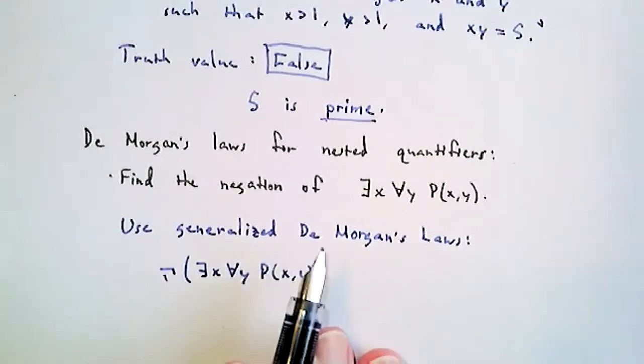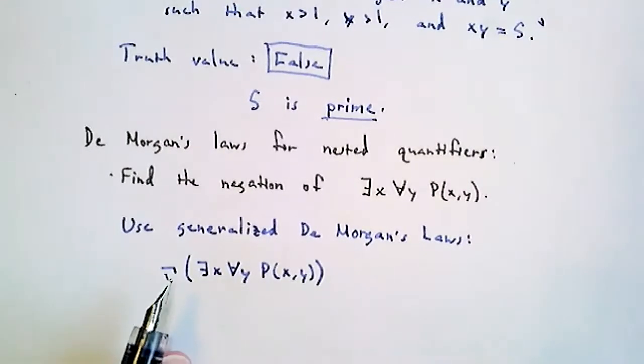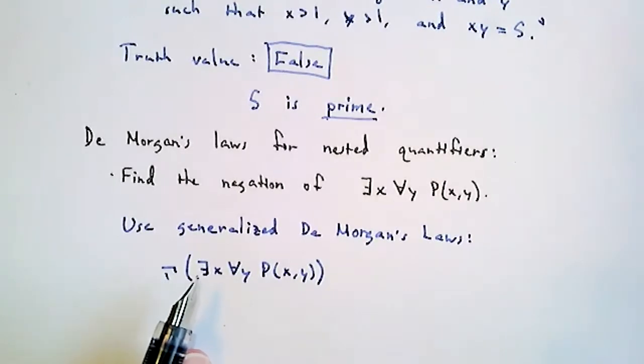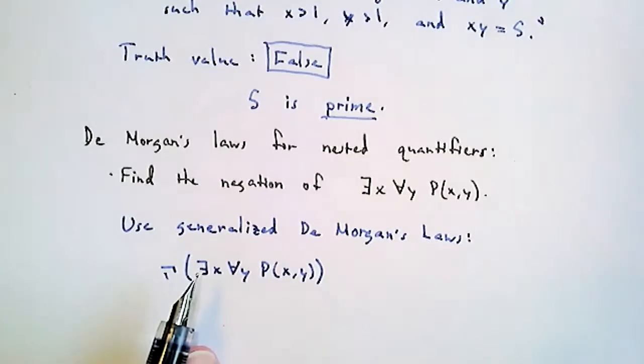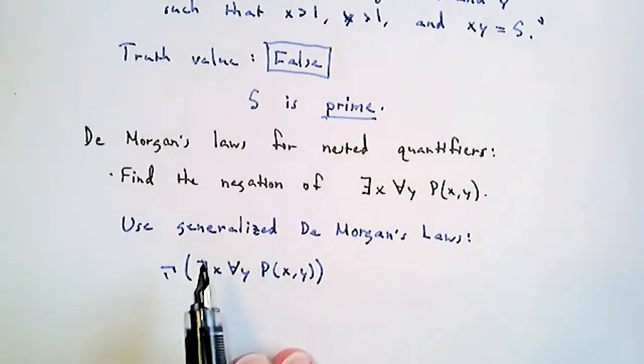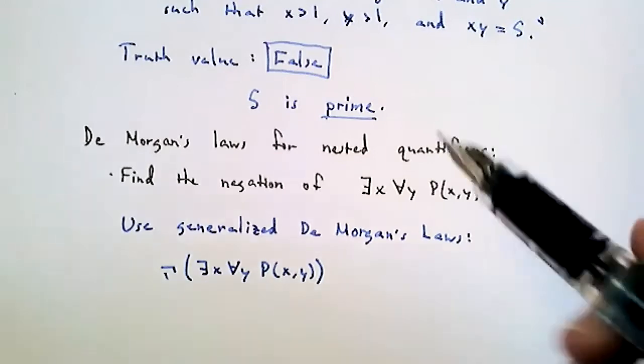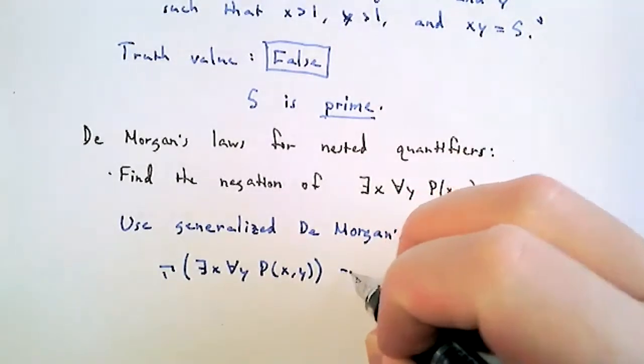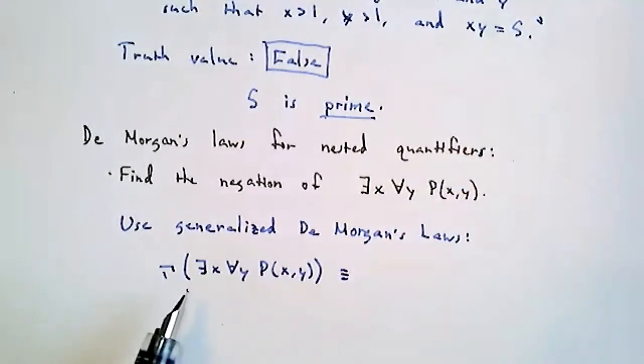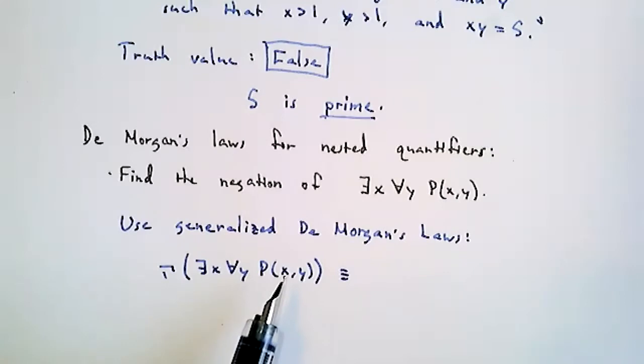In summary, you should distribute the negation inside of your quantifier, and you have to switch the quantifier in order to do that. So an existential becomes a universal, and a universal becomes an existential. You have to work with nested quantifiers from left to right, the same way that we would read it.